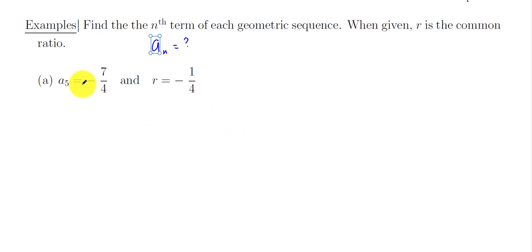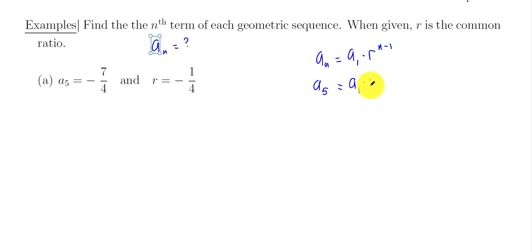Now we are given a_5, the fifth term. Remember, the a_n formula is given by the first term multiplied by r to the n minus 1 power. We are given a_5, so n is 5, and I can plug in 5 for n.